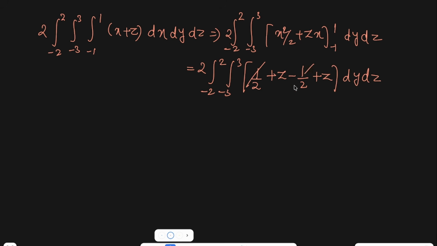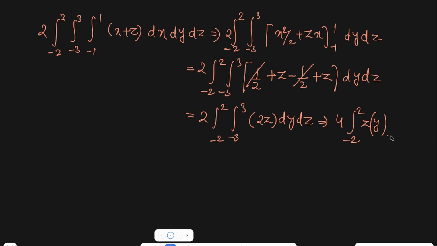So this will get cancelled, so twice the integral from minus 2 to 2, minus 3 to 3, and now it becomes 2z dy dz. When you solve this, it is 4 times the integral from minus 2 to 2 of z into y from minus 3 to 3, dz.